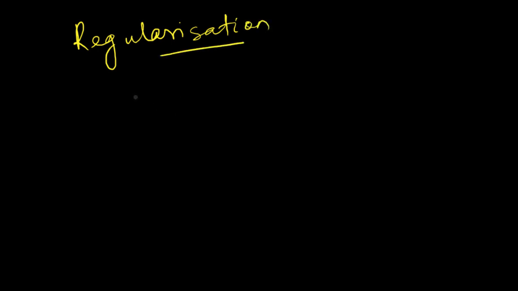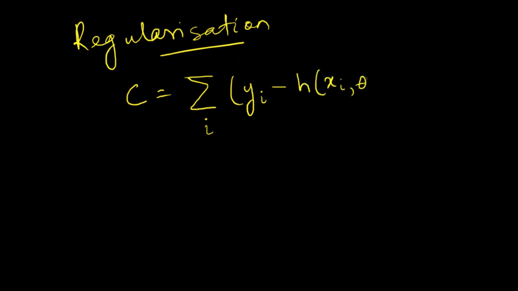So your least squares cost function is given by the summation over i of (yi − h(xi, θ))².